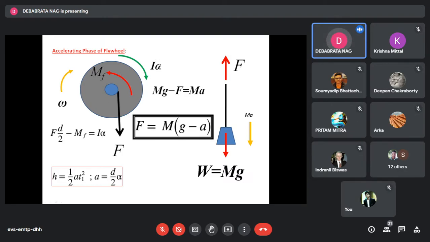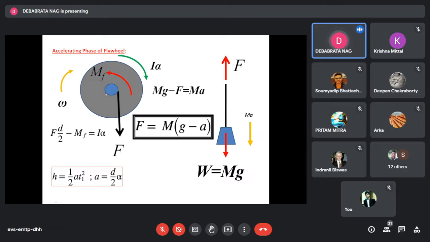Let me say, what is this I? Does this I represent the entire mass moment of inertia of the flywheel alone? The answer is an emphatic no. Why? Because this I will represent the mass moment of inertia of the entire rotating system about its axis of rotation.